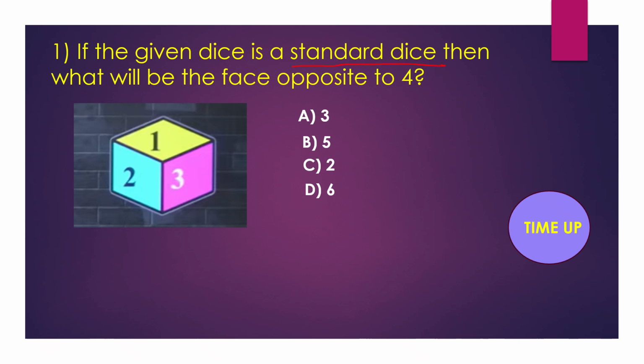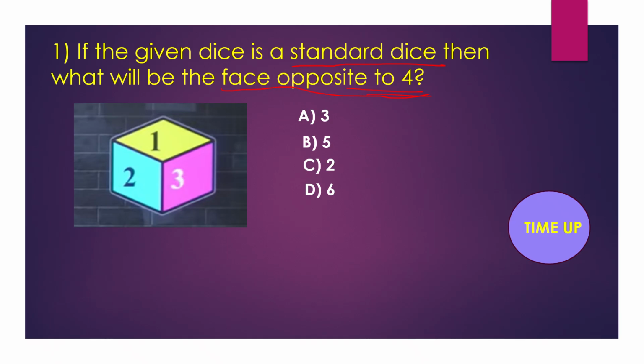It is a dice where the sum of numbers on opposite faces should be 7. The sum should be 7. Correct? The opposite numbers, whatever are present on a dice, if the sum of those is 7, then it is called a standard dice. Correct?